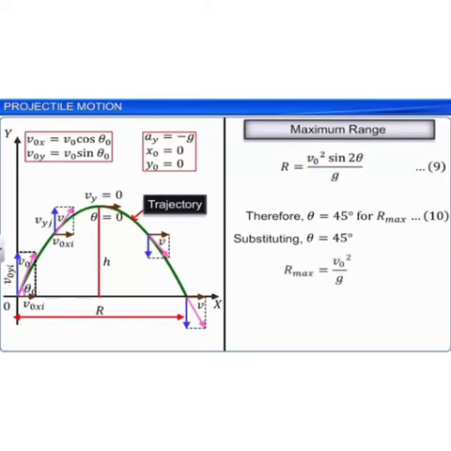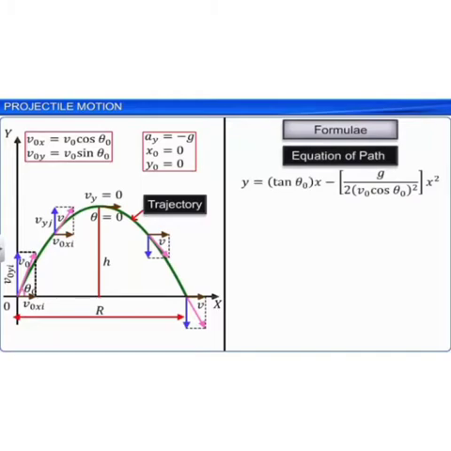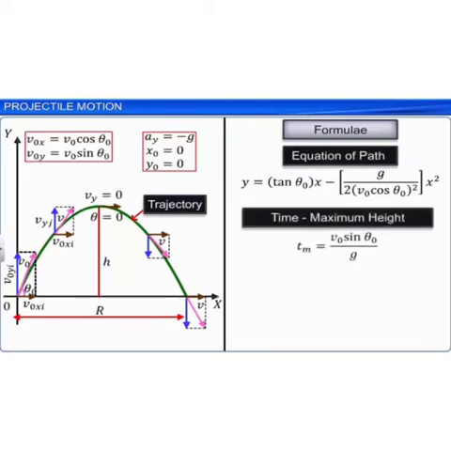The equation of the path for the projectile: y is equal to tan theta 0 into x minus g divided by 2 into (v0 cos theta 0) square into x square. Time taken for the projectile to attain maximum height: Tm is equal to v0 sin theta 0 by g. The time of flight of the projectile: Tf is equal to 2 v0 sin theta 0 by g.